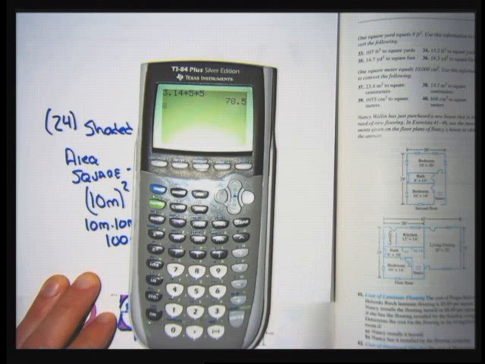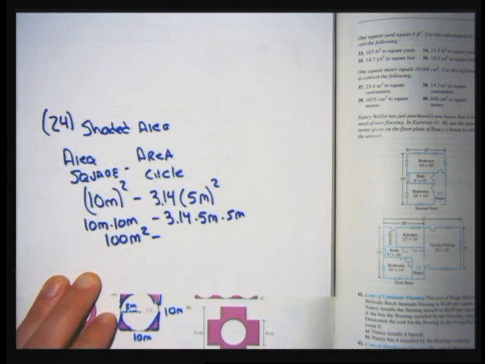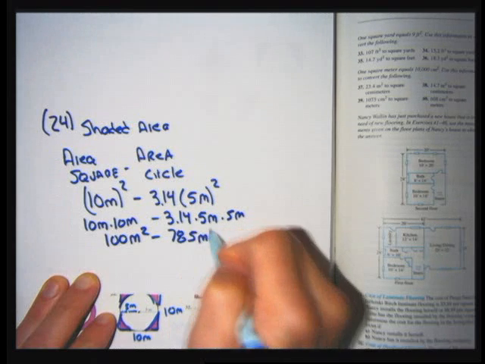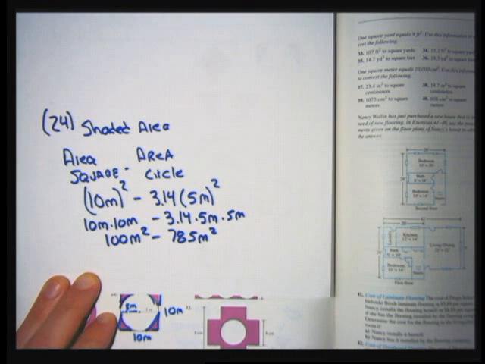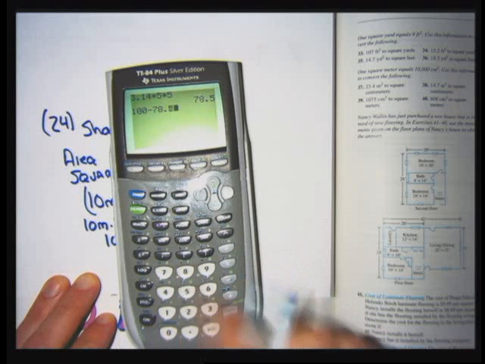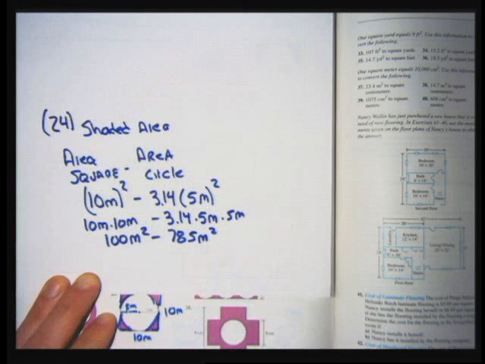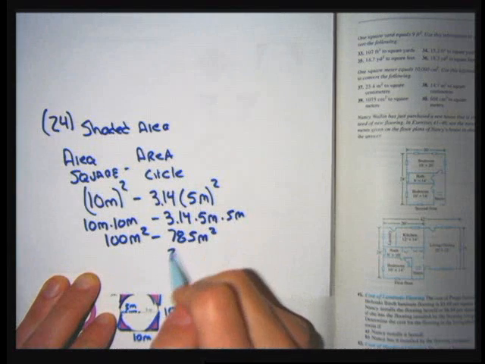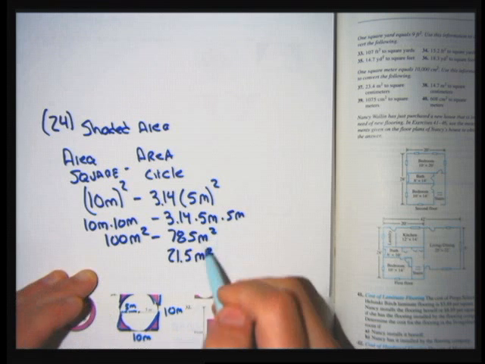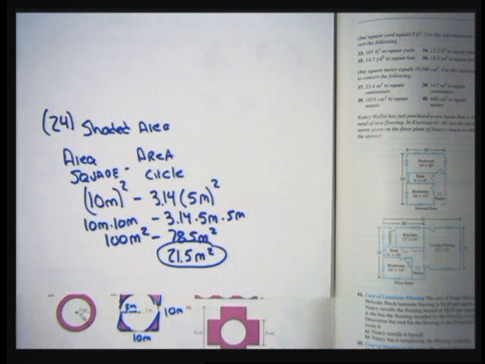And for the circle, I'm going to write 78.5 meters squared. And now I'm going to subtract these, and I'm going to be lazy and use my calculator. The shaded area is going to be 21.5, and the units, because it's area, are square units. So the shaded area in problem 24 is 21.5 square meters.